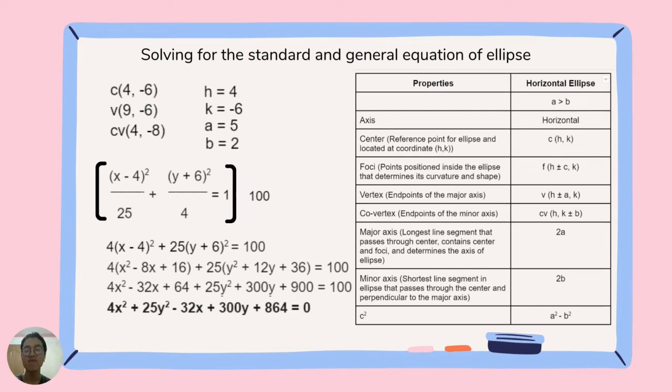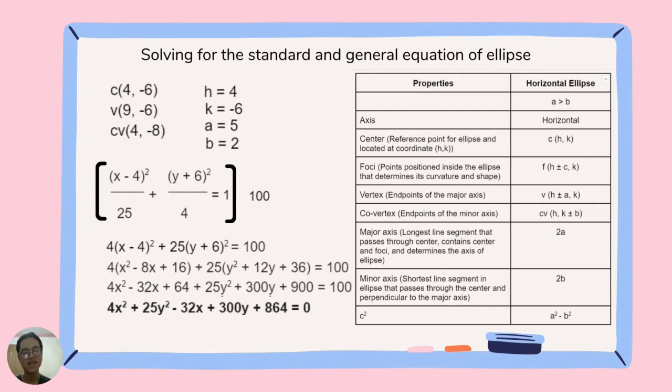Lastly, we move everything to the left-hand side, combine like terms, and arrange them. So we have 4x squared plus 25y squared minus 32x plus 300y, and then we have 900 plus 64, which is 964, and then since we move 100 to the left-hand side, it becomes negative 100.